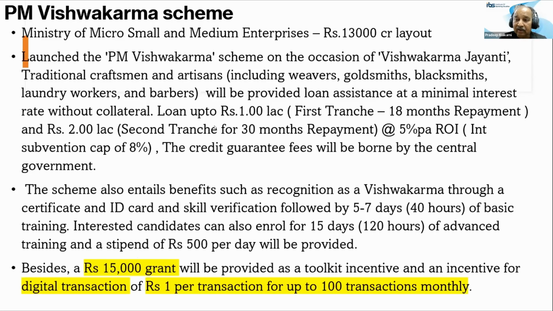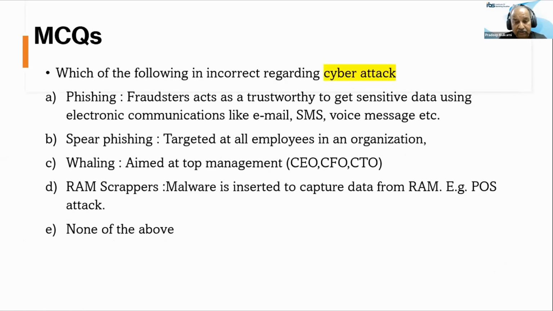Good. So the rate of interest is 5% and interest subvention is 8%. Clear? 5% per annum rate of interest is applicable, with interest subvention of 8%.